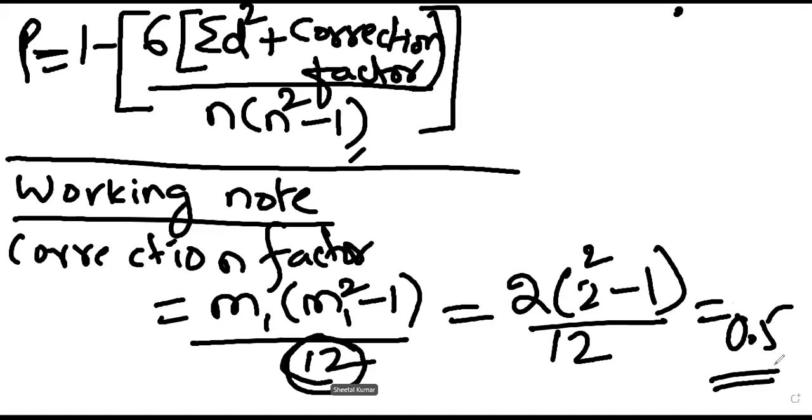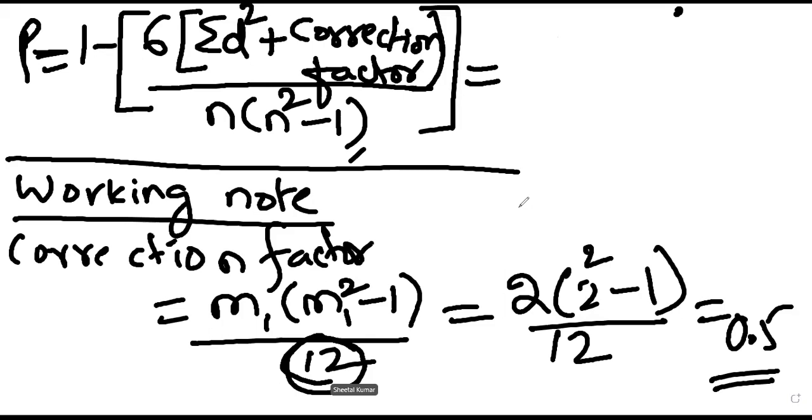Now let us assume that one of the marks had got repeated 3 times, then this correction factor would have been equal to 2. Correct? You can just memorize this and save this much amount of time. Otherwise, we have to calculate everything again. That's fine.